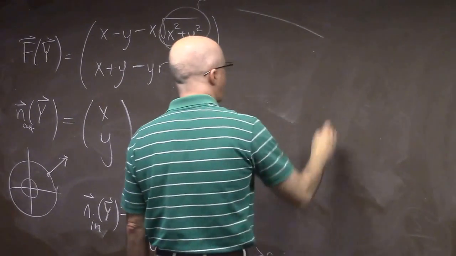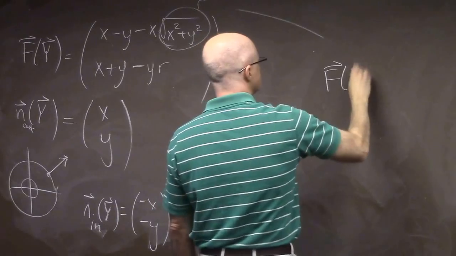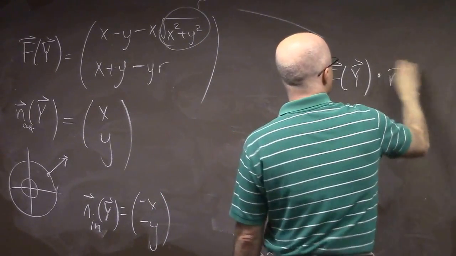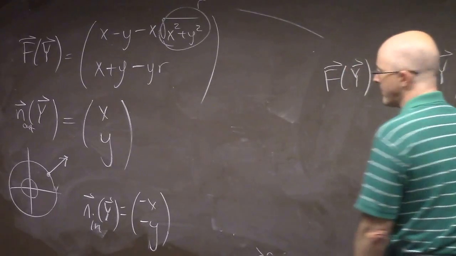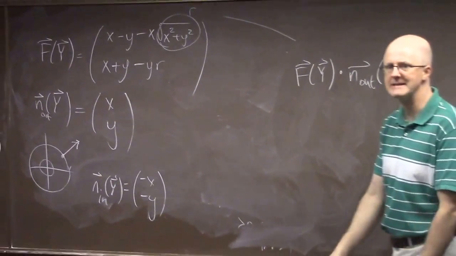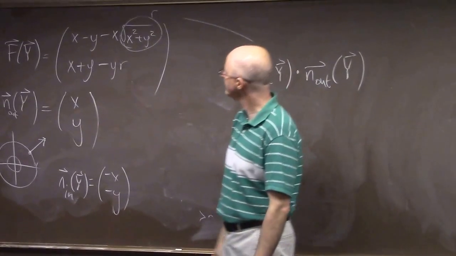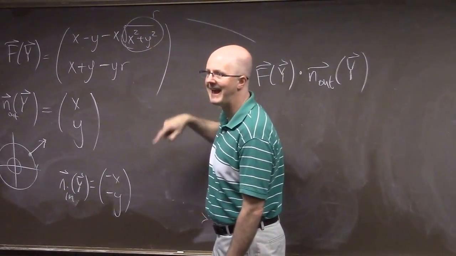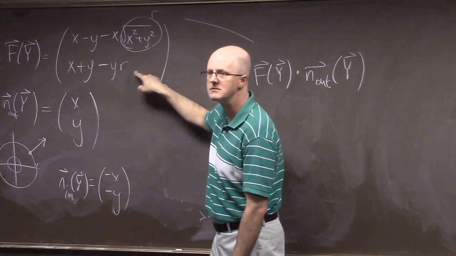So how would you take this dot product? Let's do the outer one. With the usual formula for dot products, which most of you probably know. If there's anybody who doesn't, here's what you do. Multiply the first components and add the product of the second components.